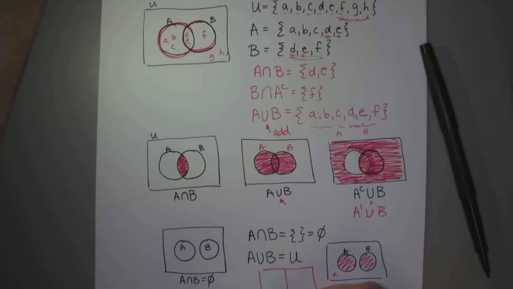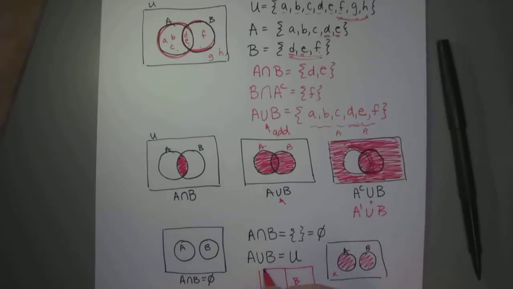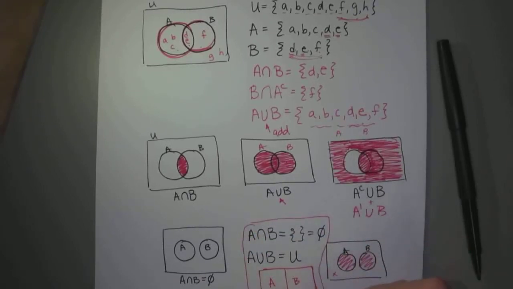Now what if I did this? Instead of drawing circles, I just broke it in half. So here, A intersection B, they have nothing in common. They're two separate pieces. But if I shade them all in, I would get the whole universal set. So this would be an example of how to draw A and B so that both of these work.